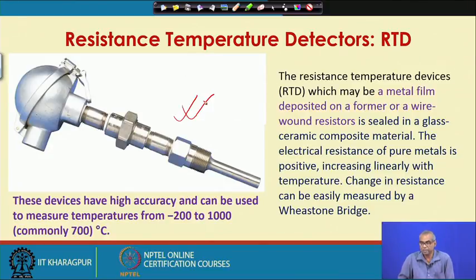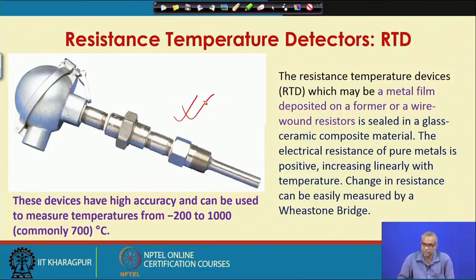If it is a thin metallic film, it is deposited on a former, and if you consider a resistance wire to be RTD, it will be wound on some support, let us say a ceramic bobbin support, and the change in resistance of this thin metallic film or the wire will be considered as measurement for the temperature.